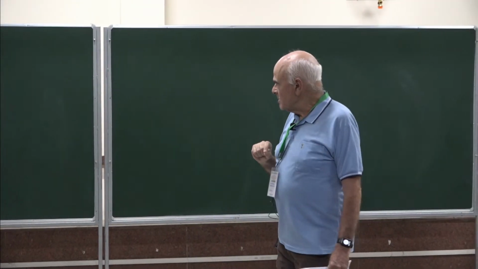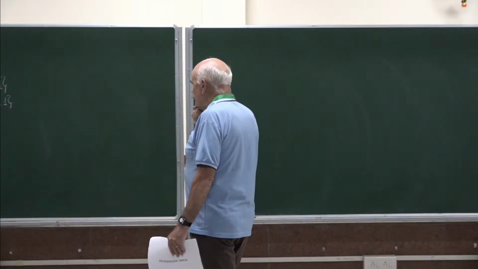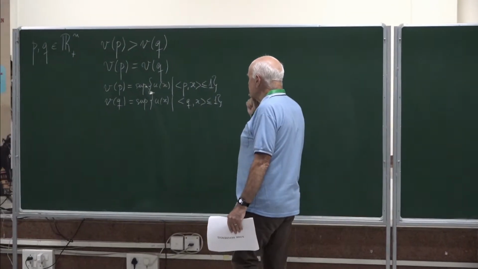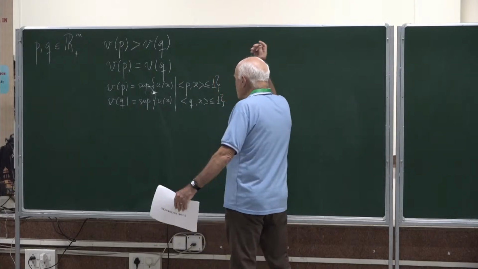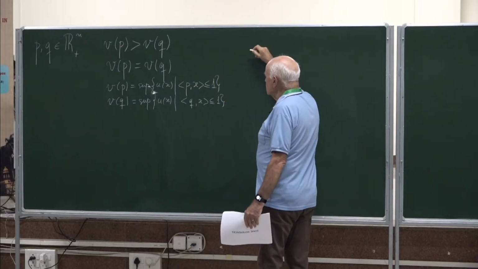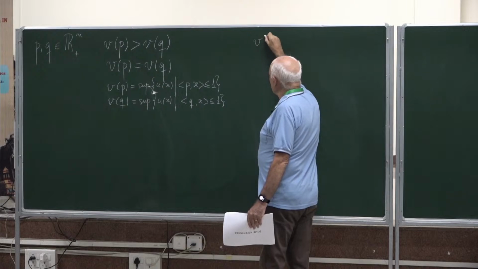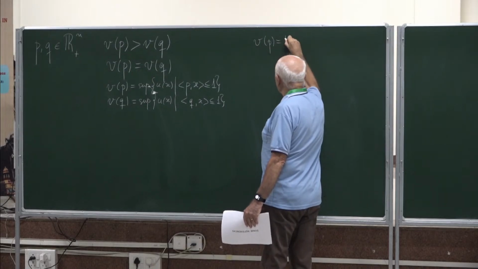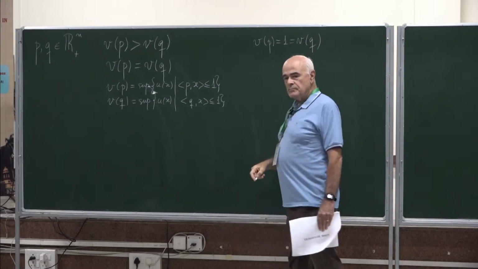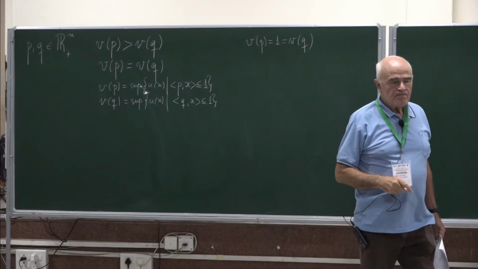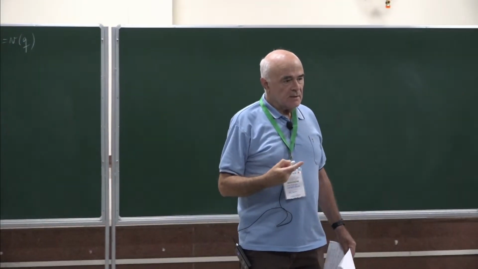Let me be more specific. Suppose, to give an example, V of P and V of Q are both equal to 1. Okay? Under P I can obtain this one.